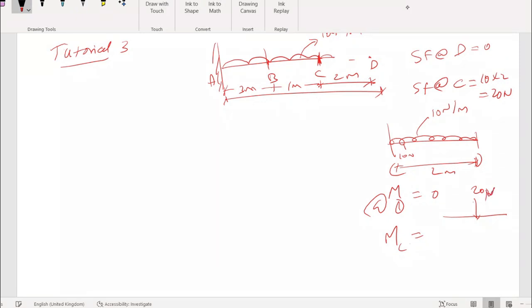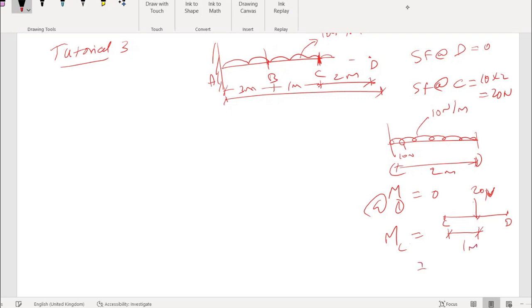Because you have a distance of 2, so C to D will be 20 newtons acting. Just now we calculated. I convert into point load, which is 10 times 2, 20 newtons. Between C and D, point load is acting, and at C it will be half of this value, 1 meter.